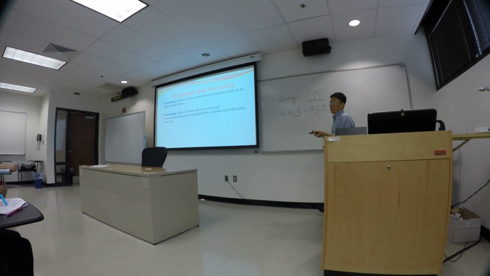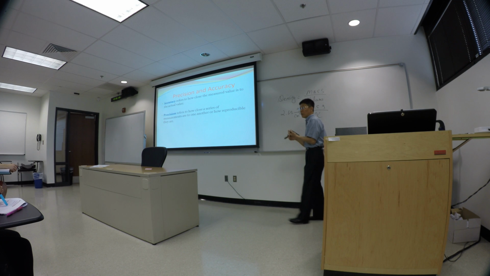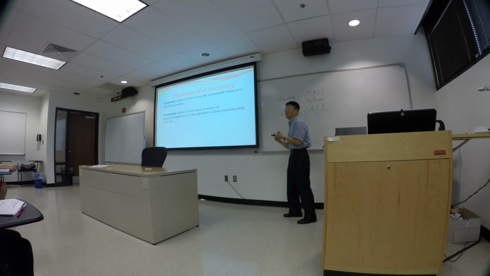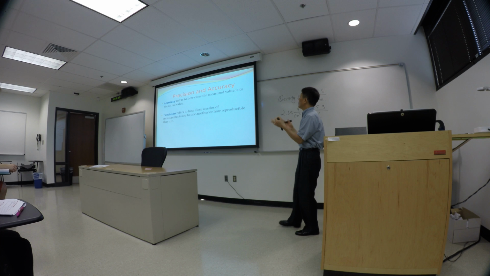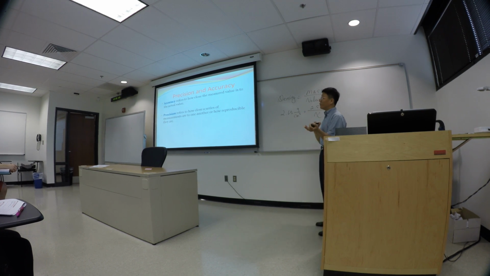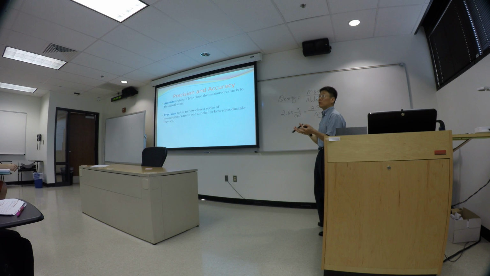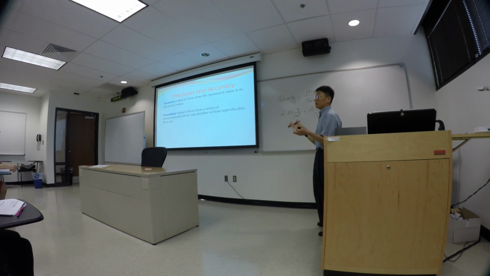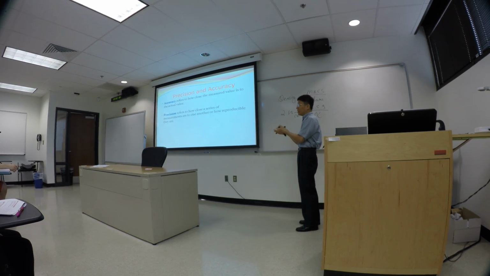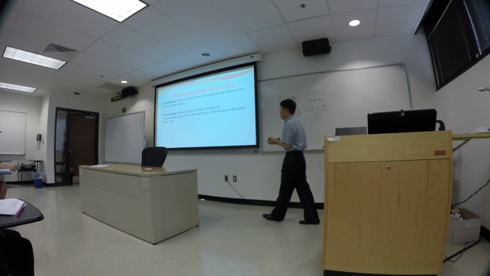You do a measurement with equipment, a ruler or a vernier caliper, and you may end up with numbers slightly less or more than 10 centimeters. So how accurate is your measurement?